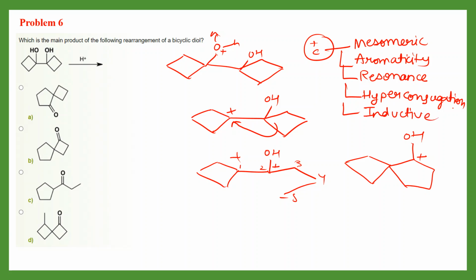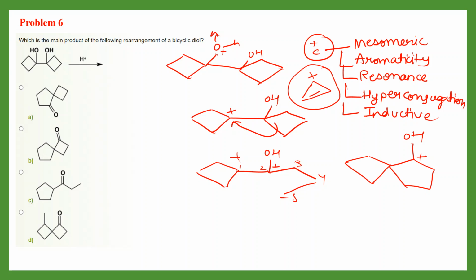So I am going to ask quickly: in mesomeric effect, is plus M going to give benefit to the carbocation or minus M? Plus M. Plus M are those groups which are heteroatoms having a lone pair, which can donate their lone pair. Aromaticity: you very well know that if you have a system like this, this system is also stable. Why?